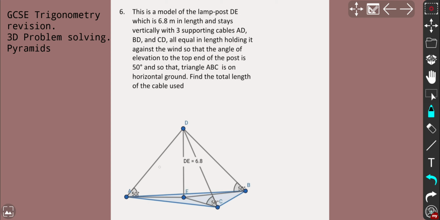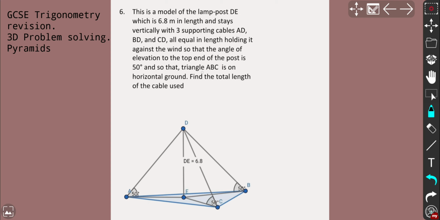So where is the angle of elevation? It's the angle between each string or each cable and its projection on the base. The base in this case, A, B, C, is the ground. So, for example, here this 50 degrees angle is between AE, which is the shadow that DA casts, the line dropped from D, from the top, in a vertical way.